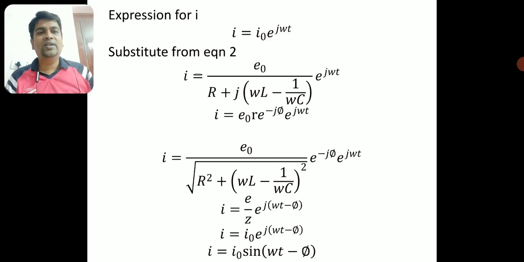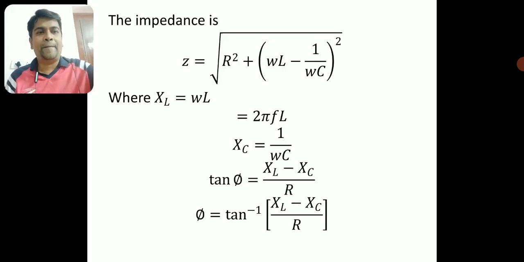Okay. Now, I have to define these things here after deriving an equation for current. I have already told you Z is the impedance, which can be written as the square root of R square plus omega L minus 1 by omega C, whole square. Here the impedance is the opposition offered to the flow of current by these three circuit elements: resistor, capacitor and inductor.